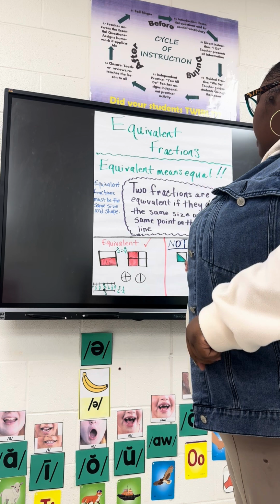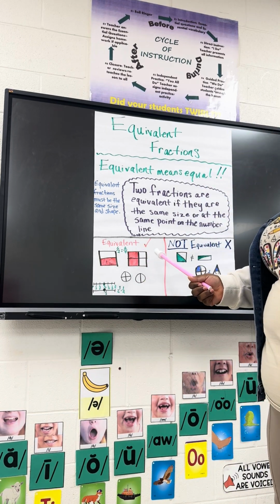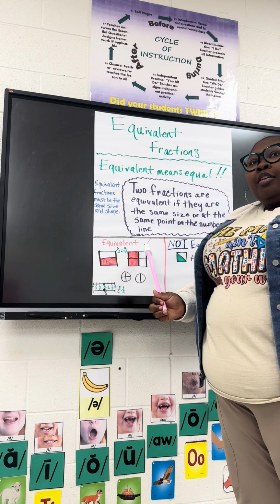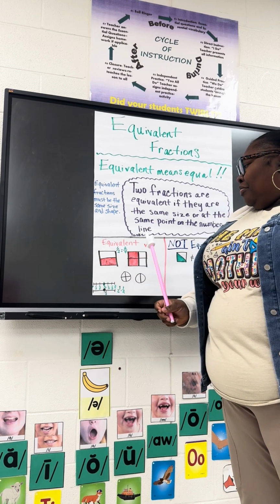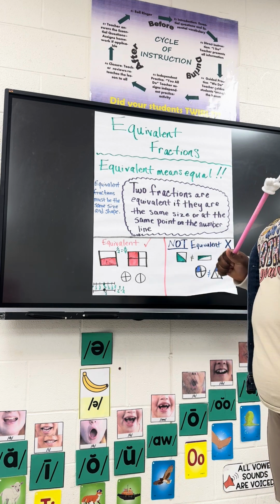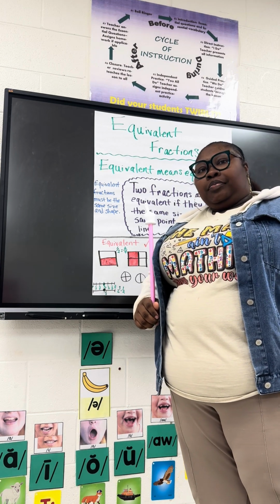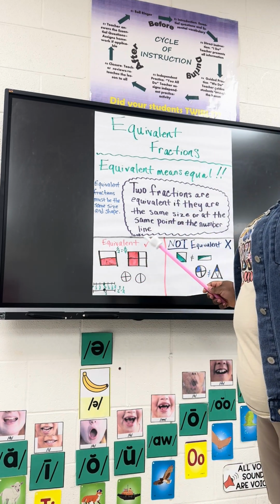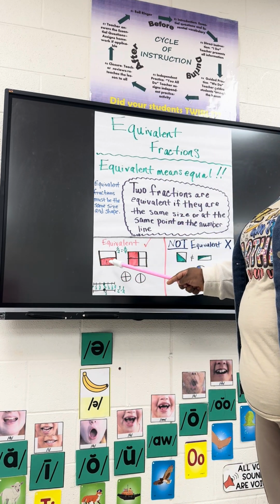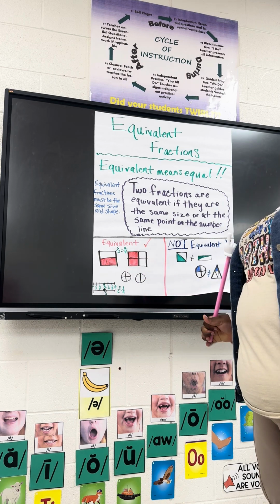Now let's look at the second square. Because we have 4 parts, what parts are shaded? 2/4. Very good. They are equivalent because what? They are the same size and they have the same amount shaded. Half is shaded here, and half is shaded in the second square.